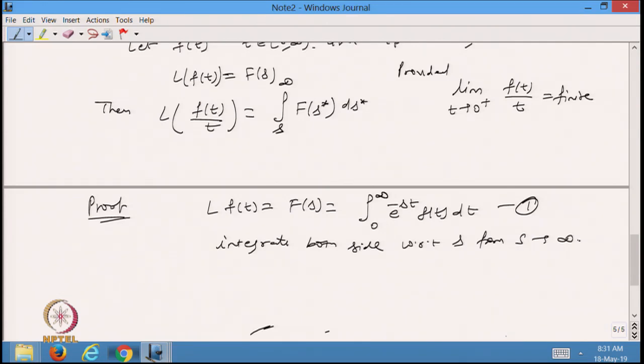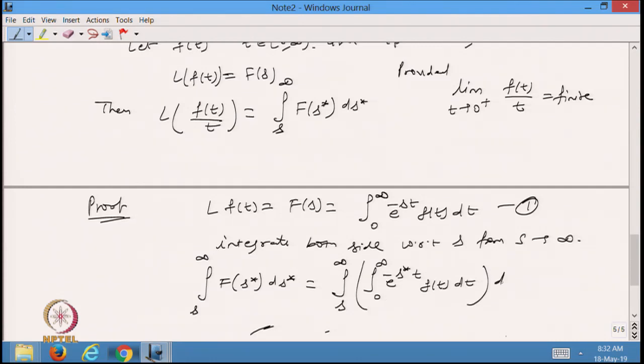So, on the left-hand side I will get the integral from s to infinity of F(s*) ds*, and on the right-hand side I will get the integral from s to infinity of the integral from 0 to infinity of e raised to the power minus s t f(t) dt ds*. This is the integration I have taken on both sides.